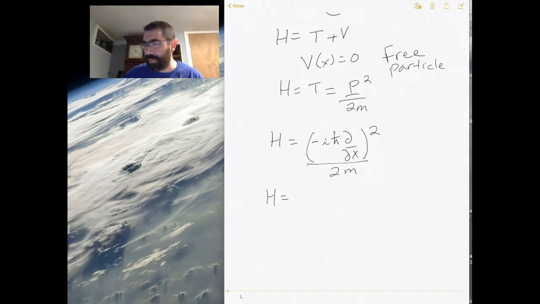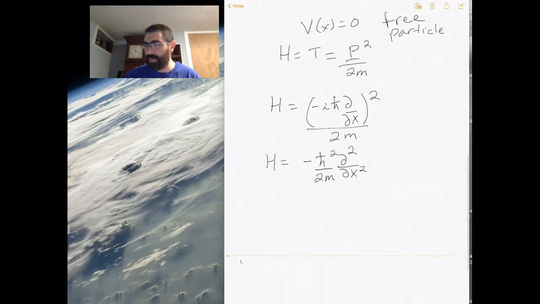So the Hamiltonian becomes minus, because we have the i squared, h bar squared over 2m, the second order derivative with respect to space.